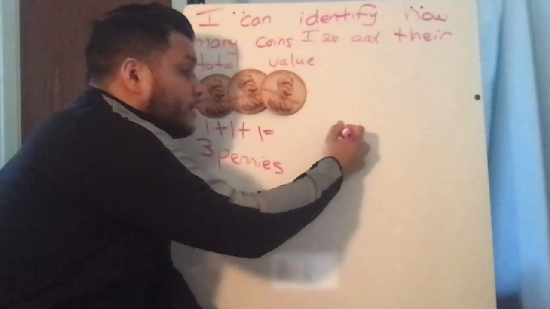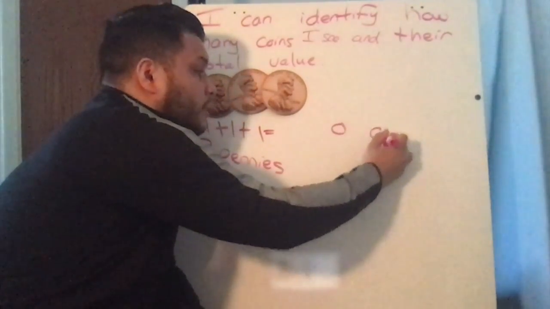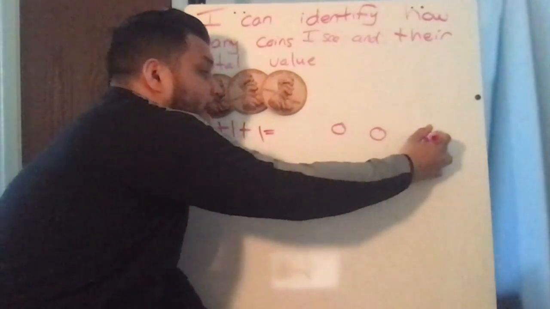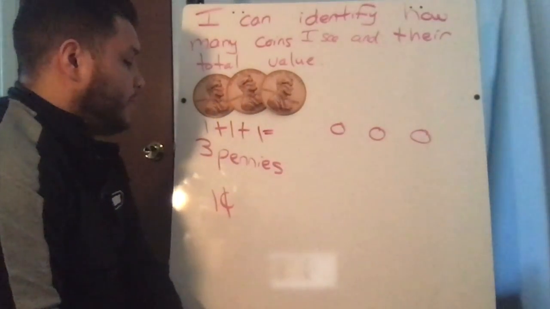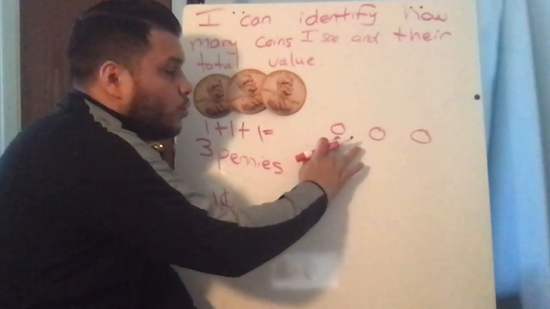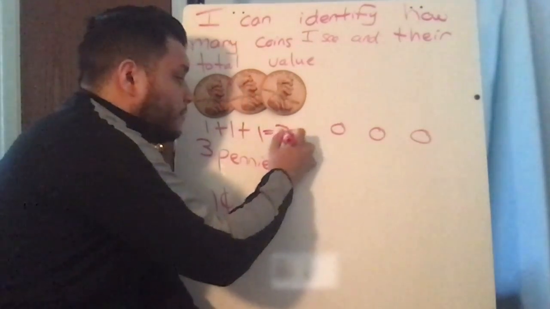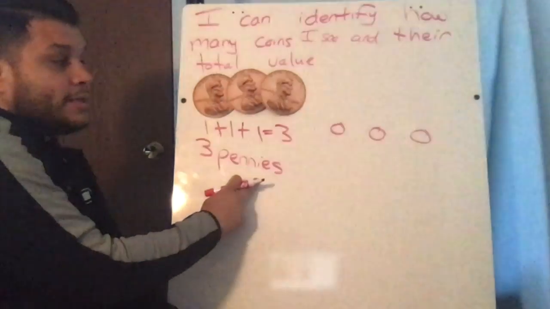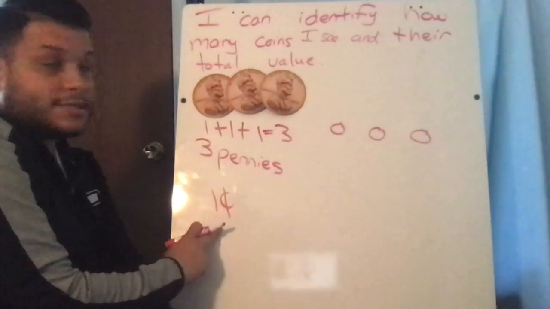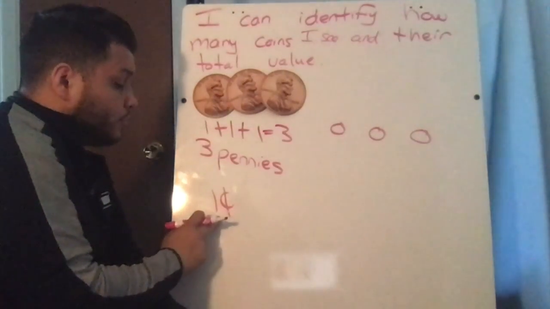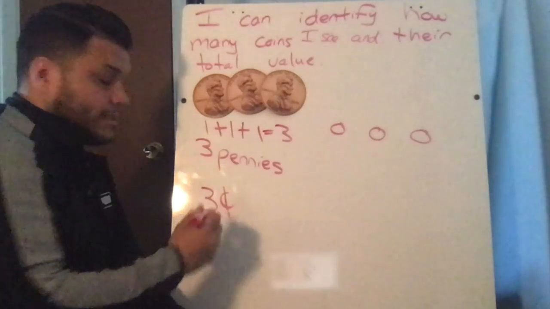So I would put a single cube for my first penny, another single cube for my second penny, and another single cube for my third penny. And how many do I have? 1, 2, 3. So if I have 3 pennies, it's not equal to 1 cent. The total value is 3 cents.